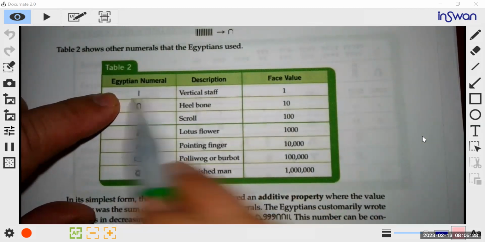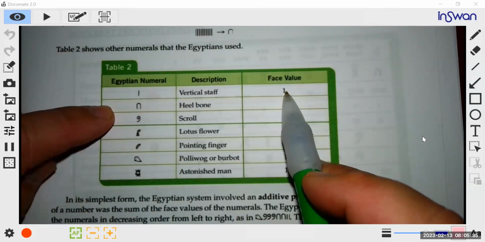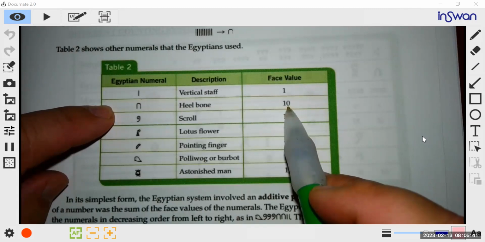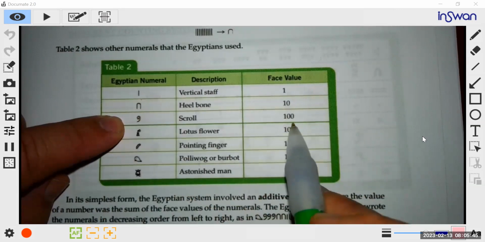The hash marks, the vertical staffs, were the face values of 1 each. The heel bone represented 10. The scroll, which looks like a 9, represents 100.